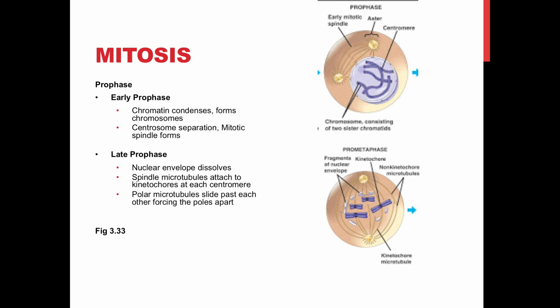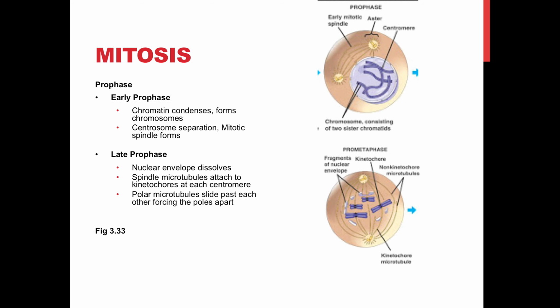Let's move on to metaphase. Here, let me just read these things. For late prophase, I just want to cover it one more time. The nuclear envelope dissolves. That's important. Spindle microtubules attach to kinetochores at each centromere. Polar microtubules slide past each other, forcing the poles apart.